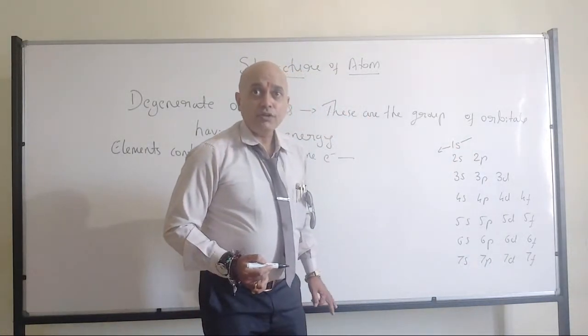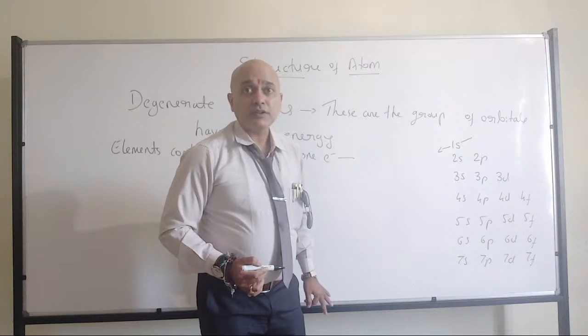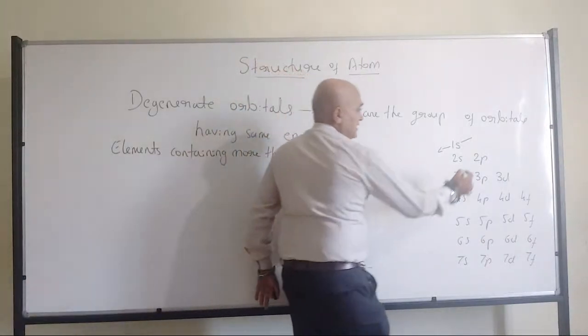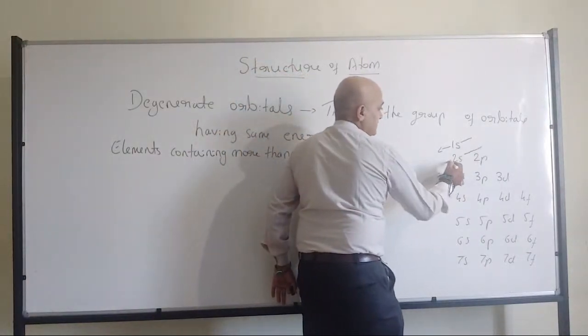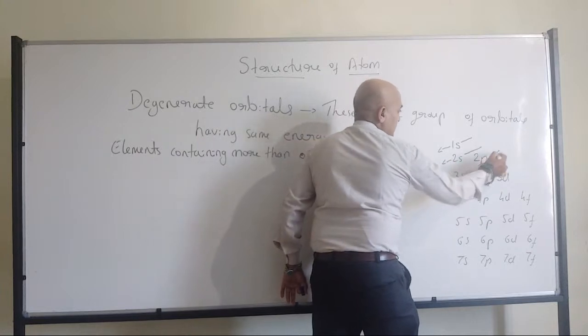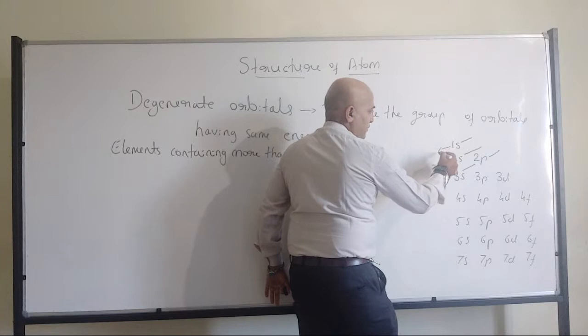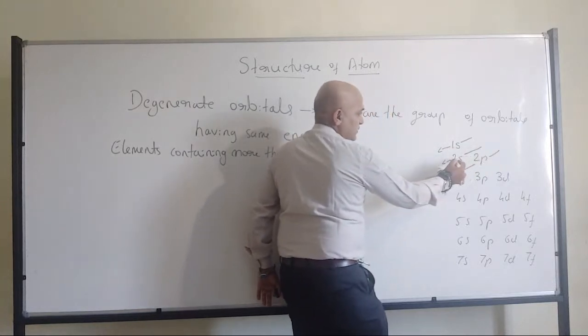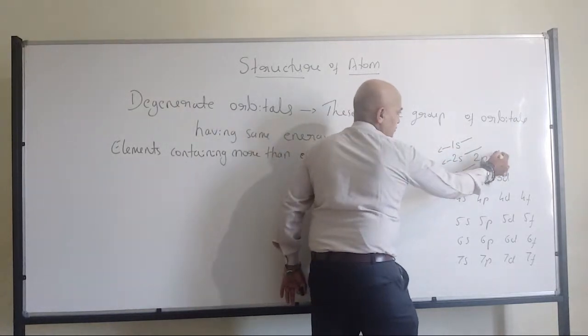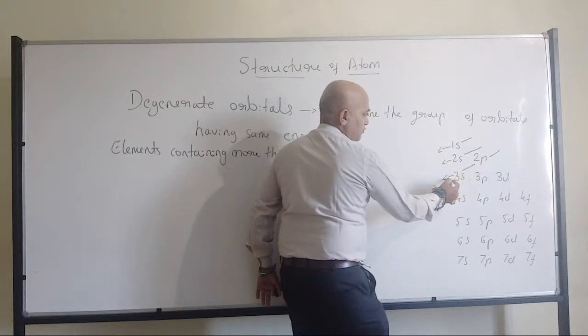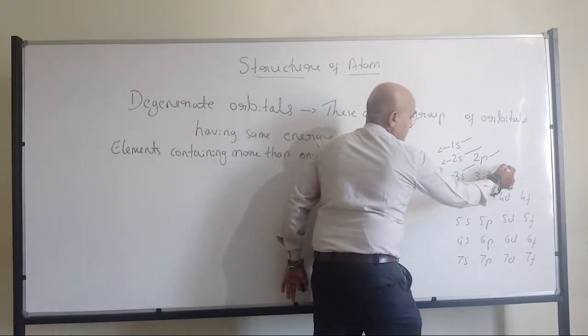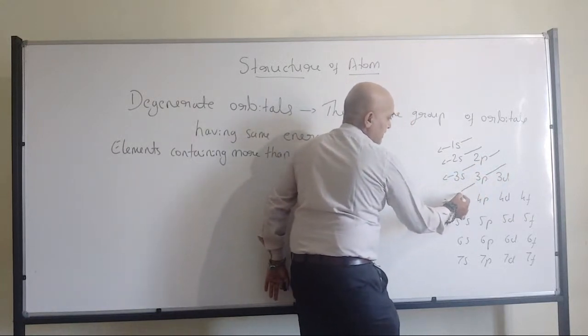Lower energy orbitals are going to get filled up first with respect to electrons. So from 1s it will go to 2s, from 2s it will go to 2p, from 2p to 3s, then 3p and 4s.